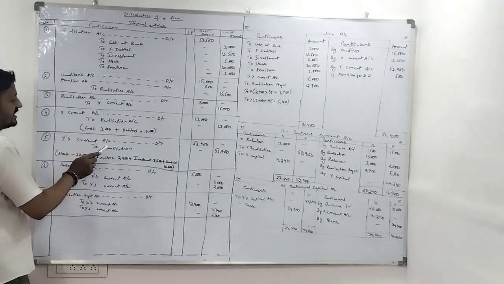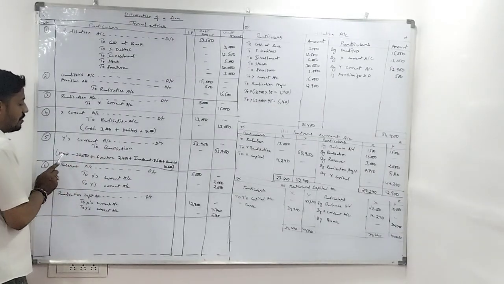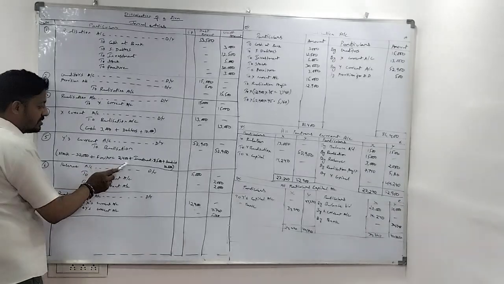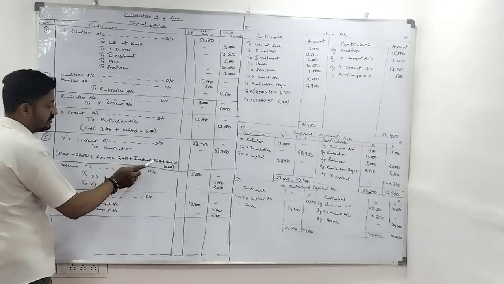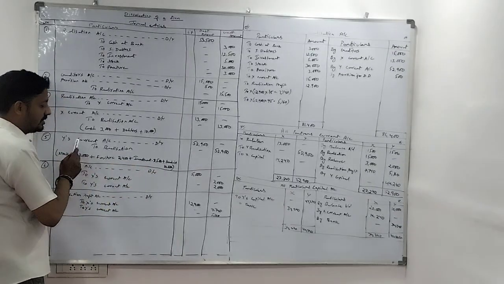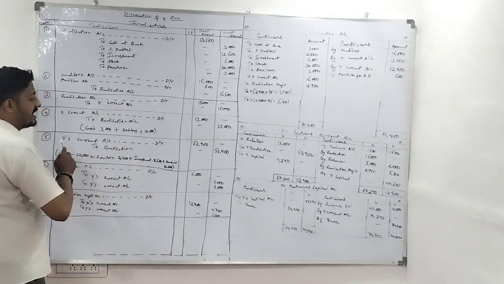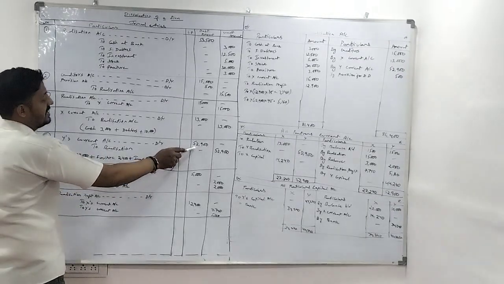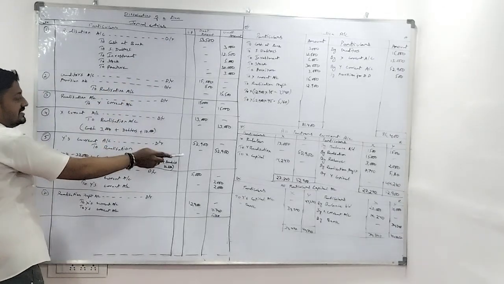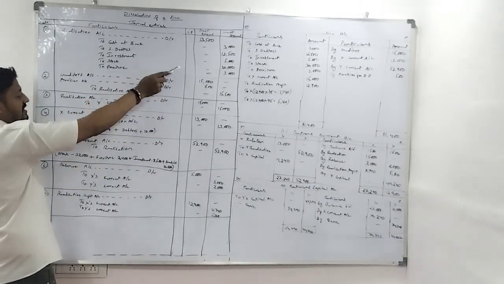Next, Y's current account debit to realization account. Stock 32,000, furniture 24,000, investment 8,500, goodwill 10,000. The total assets value of the realization account is 52,900. What's the difference between this realization and that realization? It is the last year value and the current year value.